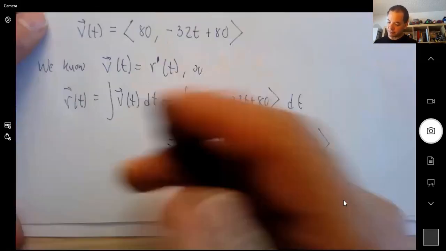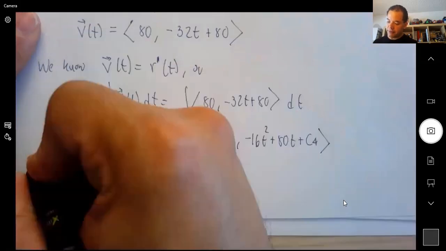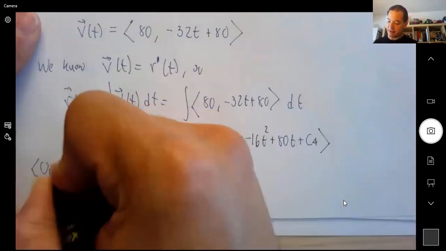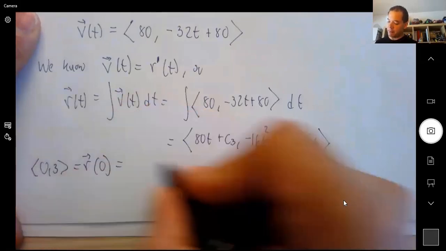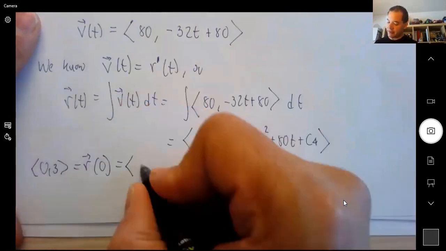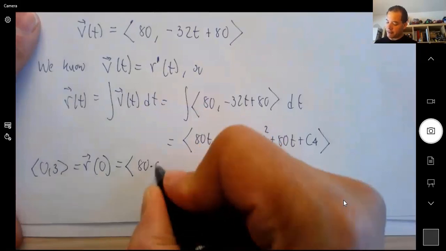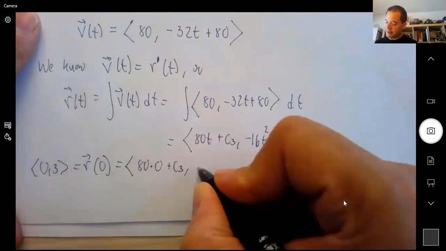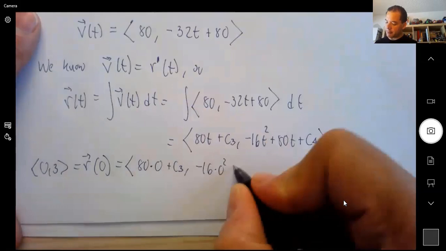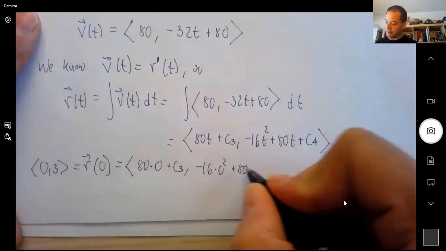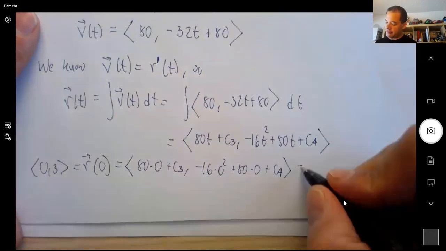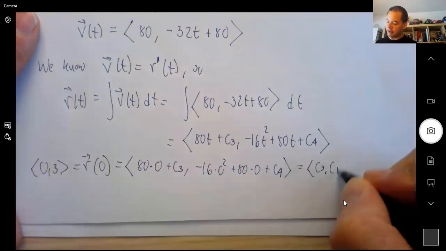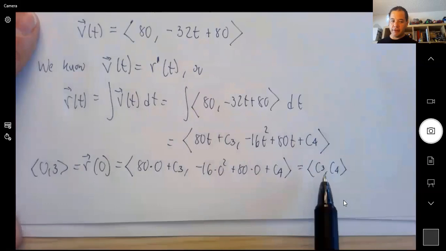So 0, 3 is r of 0. And that's the same as when we plug 0 here. So it's 80 times 0 plus c3, comma, negative 16 times 0 squared plus 80 times 0 plus c4. So 0, 0, everything here is c3 and c4. It's the only thing that survives. So that means c3 is 0 and c4 is 3.